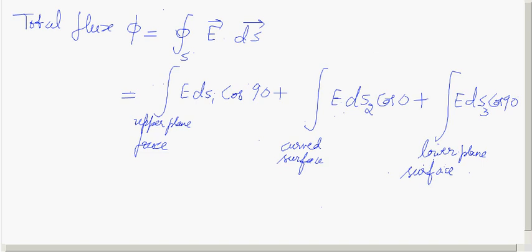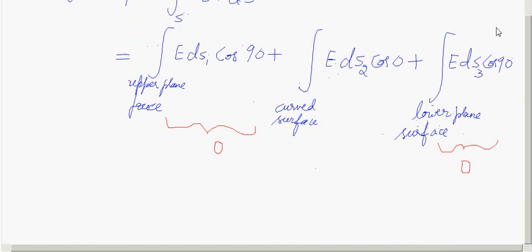So now this term will become 0 and this term will also become 0. So now I can write phi is E into ds, because cos 0 is 1.